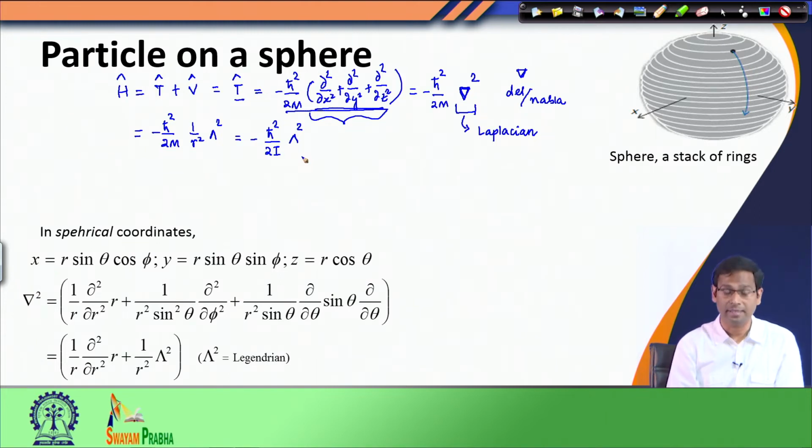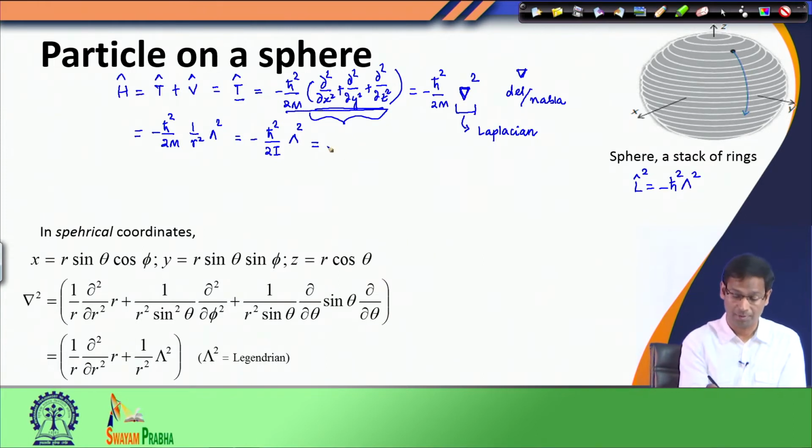What advantage do I get here? The nice thing about this Lagrangian operator is that if you compare it to another operator that we have introduced, the L square operator, you would see that L square is simply minus h bar square multiplied by the Lagrangian.